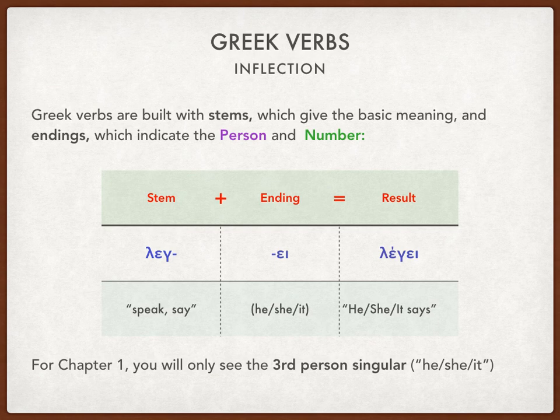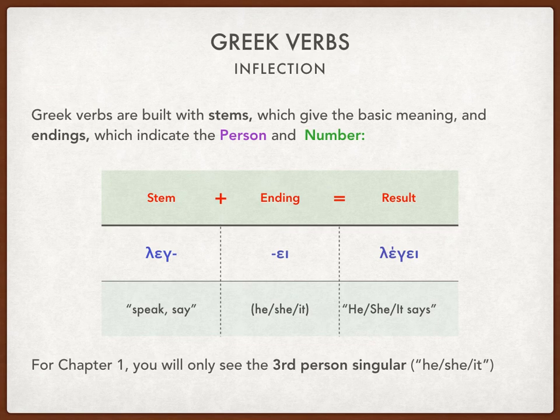It's where we get our root for a word like lexicon, which comes from the leg root of this word.